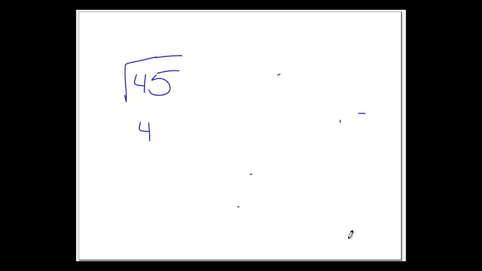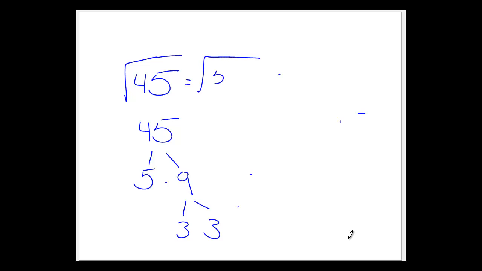Now, 45 can be written as 5 times 9. But in the first problem, we figured out that 9 is 3 times 3. So underneath the radical sign, we are going to write 5 times 3 times 3.